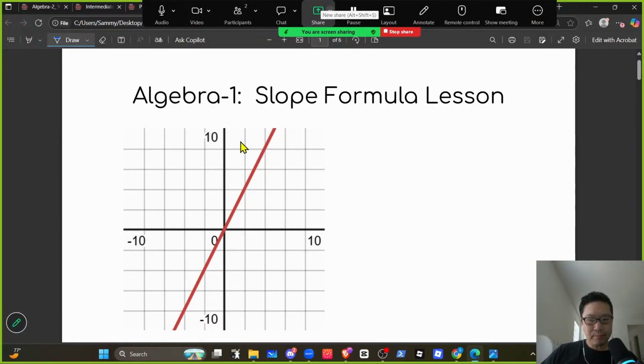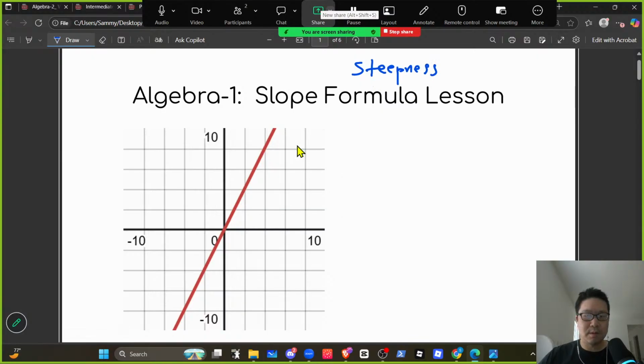Again, steepness of a line. If I had an angle that, imagine this is a straight line instead of the squiggly line we have here, this would be a line with greater slope, with a bigger slope, because it's much steeper. You see how it's more angled up? So it has higher slope, bigger slope, larger slope.